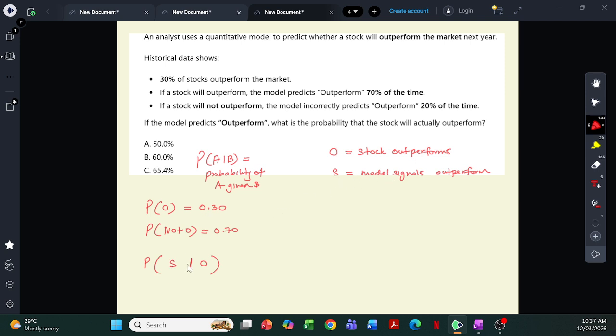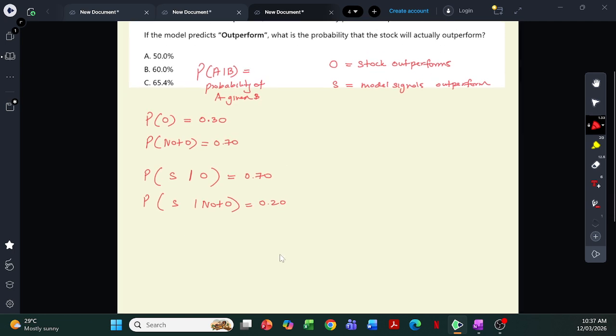So P(S given O) is going to be 0.7. If a stock will not outperform, so we're saying now that the stock is not going to outperform, not O, we're saying the model predicts outperform 20% of the time. So probability of S given not O is 0.2. So we got all the probabilities here.